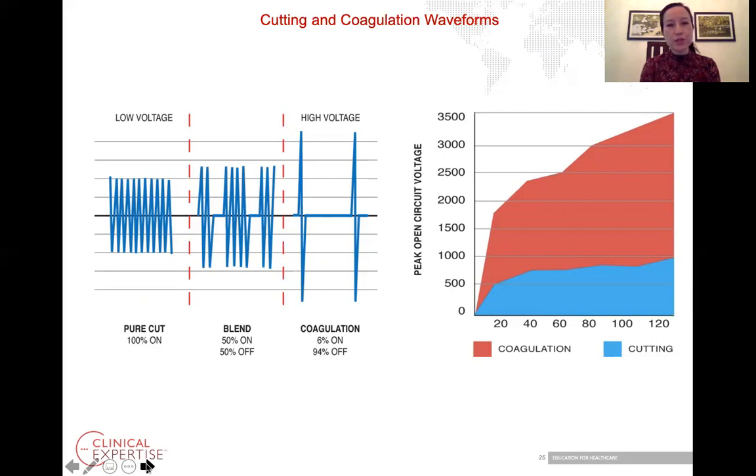In electrosurgery, there are three basic waveforms: cut, in which current is constantly flowing at a lower voltage; coagulation, in which current flows intermittently but at high voltage; and blend, which is in between. The risk of arcing is greater with coagulation compared to cut due to this higher voltage.